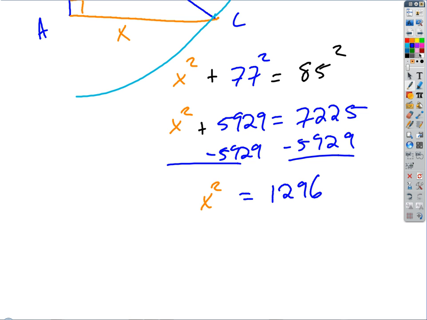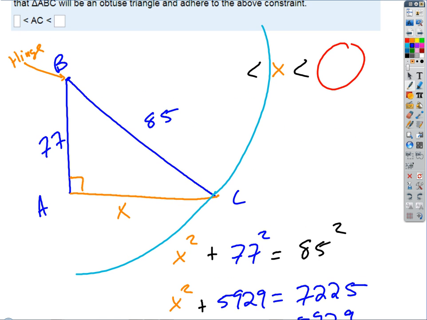And the square root of that, anybody know? 36. Okay. So that's the exact length for a right triangle. So then what do we know about this? If we want to make this thing obtuse, we have to shrink the rubber band a little bit. So x has to be less than 36, right? The number that we get from the Pythagorean theorem.